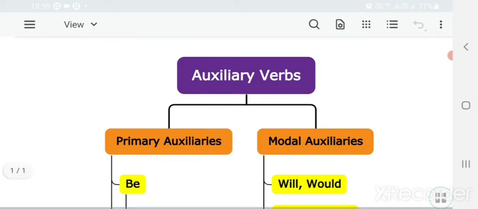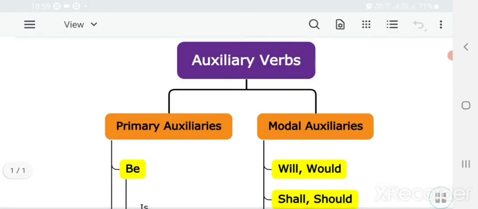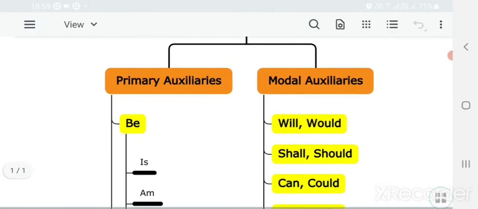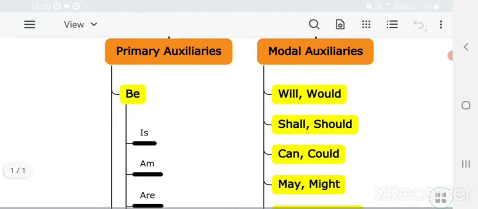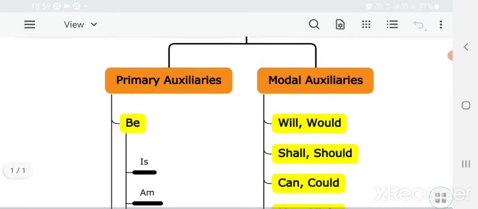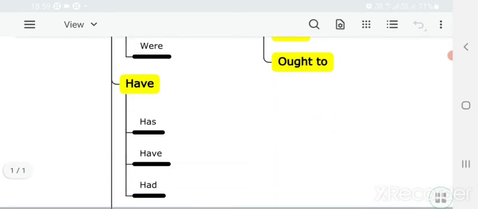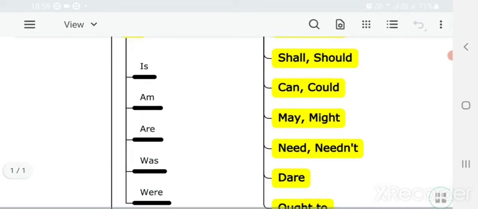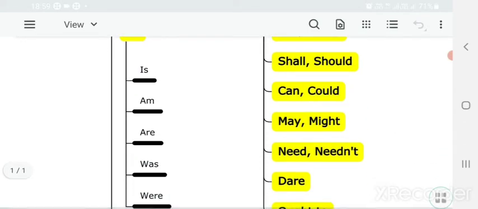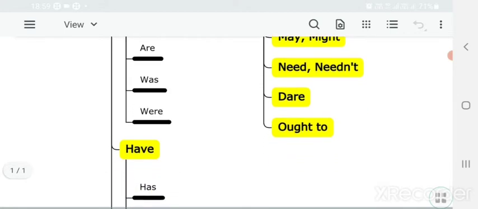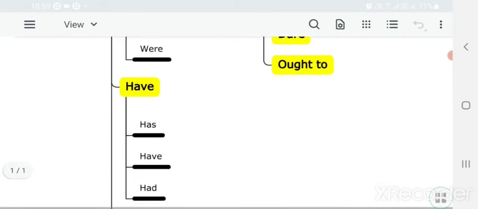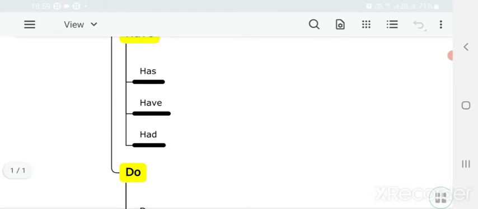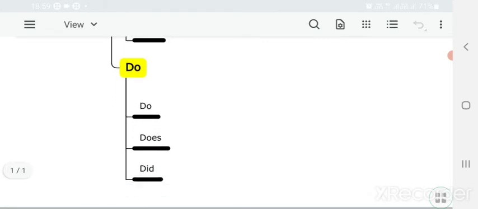The helping verb is of two types, primary auxiliary and modal auxiliary. Primary auxiliary is of three types: be, have and do, and be is again divided into is, am, are, was and were. These five are be, and have, as you all know, has, have and had, and do is do, does and did.